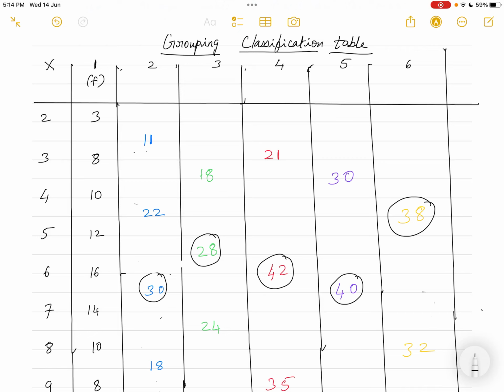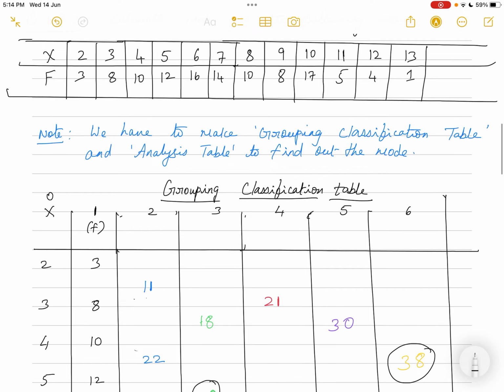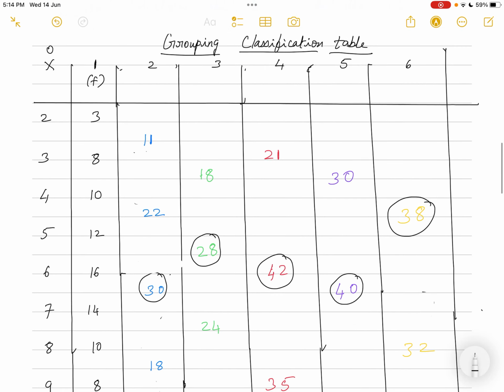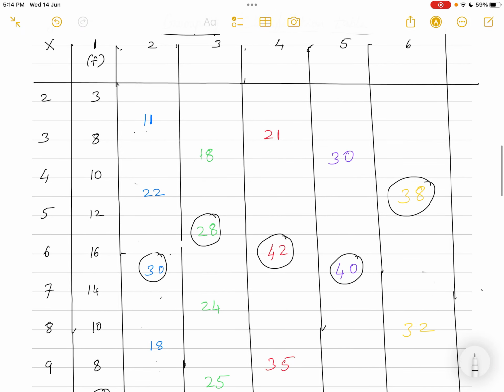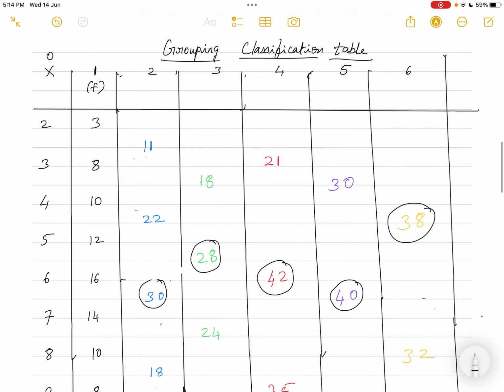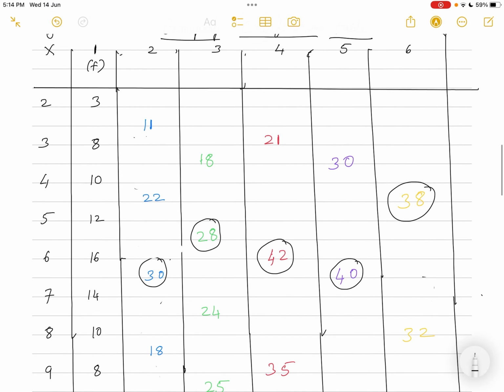Let us make the X value column 0, because the first column starts with the frequency. Then after that you have to make columns 1 to 6. Column 0 will be the values of X, which we have seen are 2 to 13.